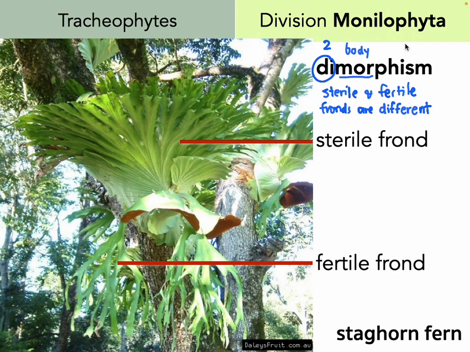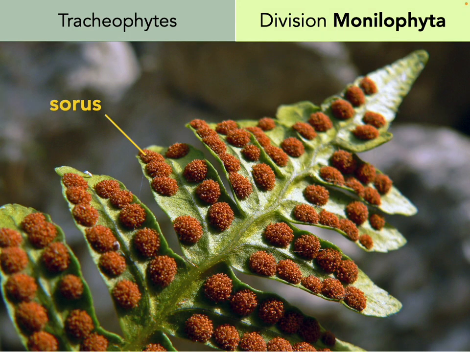So that's two types of frond. There's some frond that produces spores and some that do not. But when the frond is producing spores, it looks like this. Usually spores are on the underside. So if the leaf looks like this, the spores would be underneath. Right?